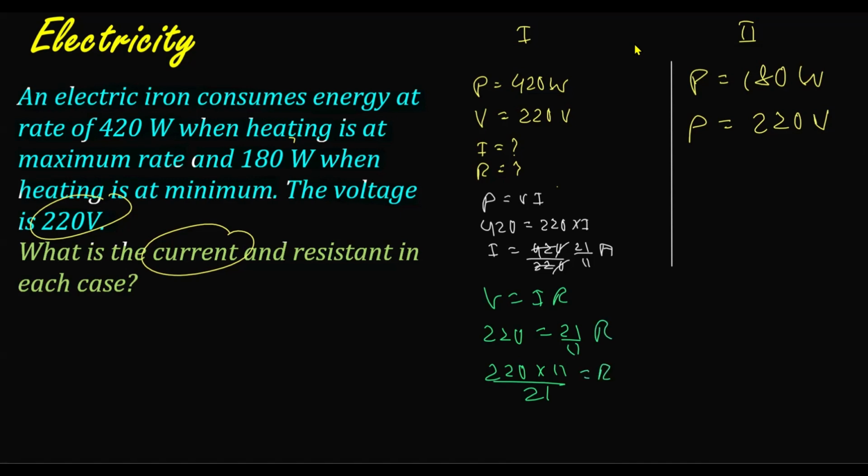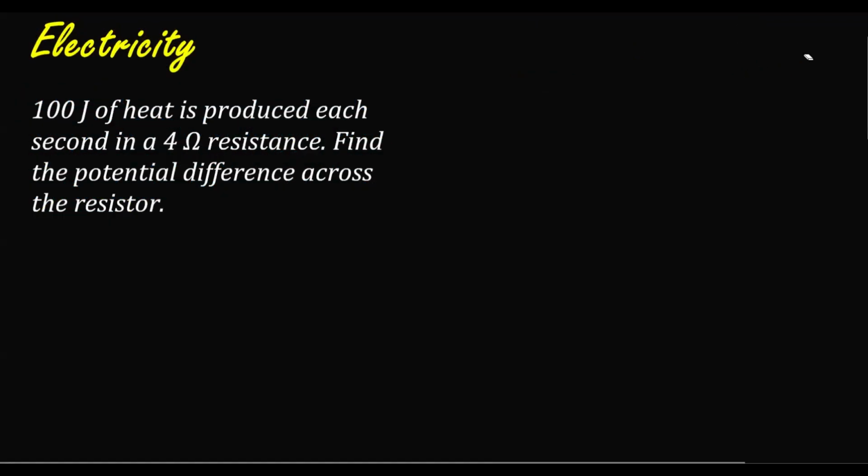So R will come as this after simplification. Now the same thing you can apply in the second case, and you'll get the current. But in your exam, it is necessary to write them in the reduced form, in decimal as well.